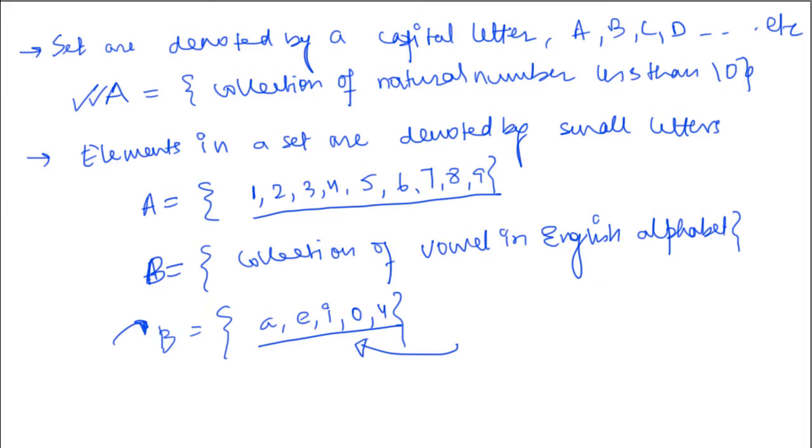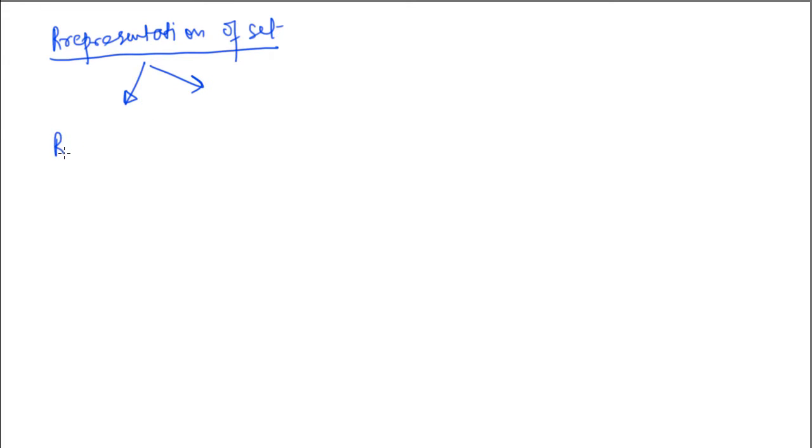Now let's see how we represent a set. Generally we represent sets in two forms: one is roster or tabular form, and the second one is set builder form.